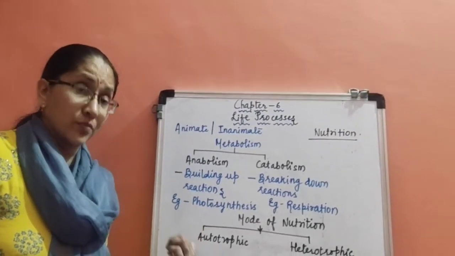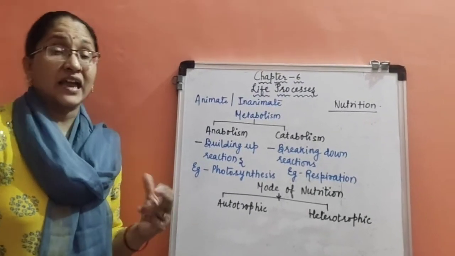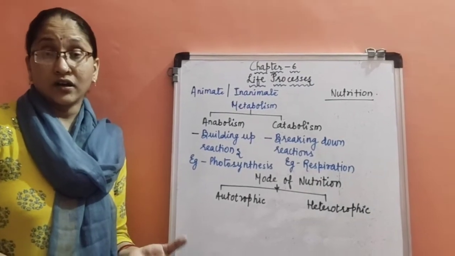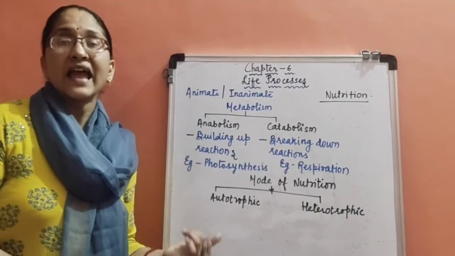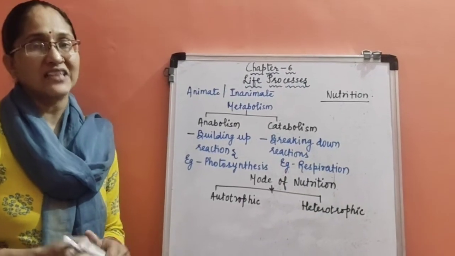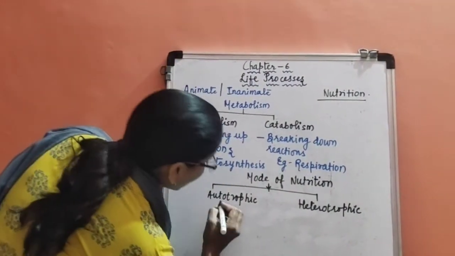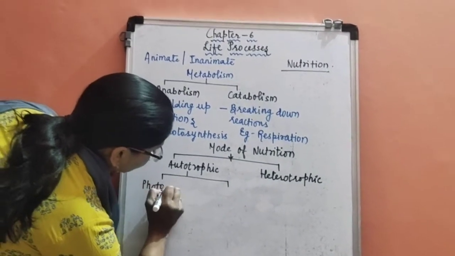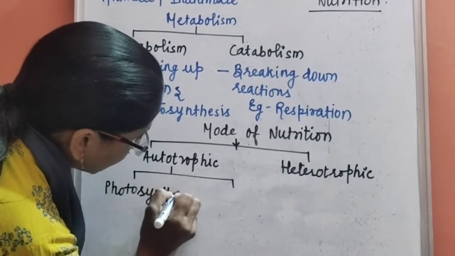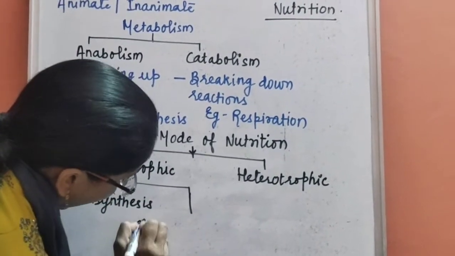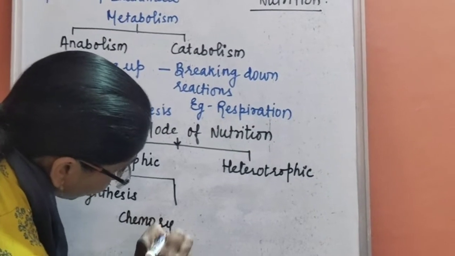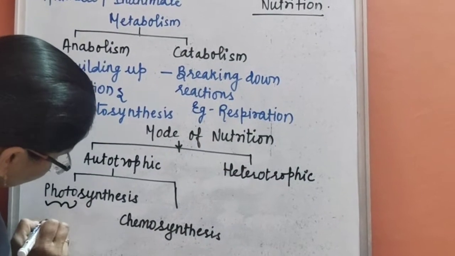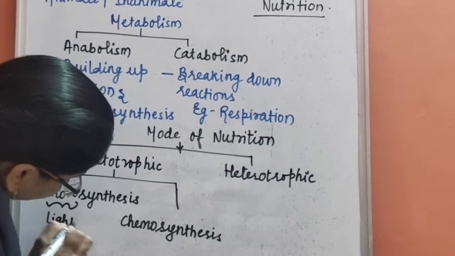Then heterotrophic means non-self, that means these organisms are dependent upon the autotrophs for their nutrition. They thrive on the autotrophs and obtain energy, which can be utilized for various metabolic activities. The autotrophic mode of nutrition can be further subdivided into two: photosynthesis and chemosynthesis. In photosynthesis, photo refers to light and synthesis means to prepare.